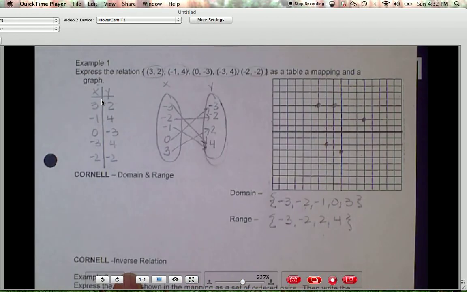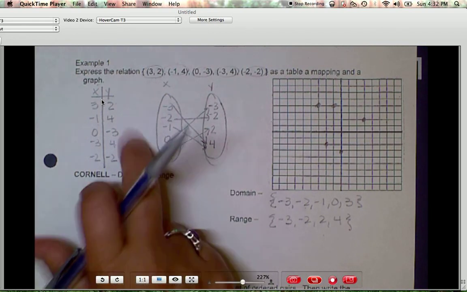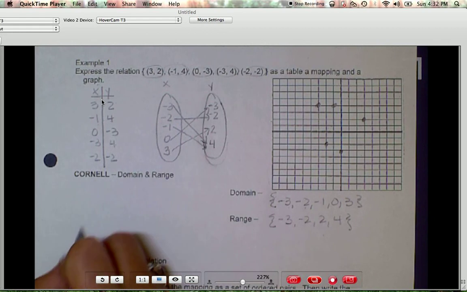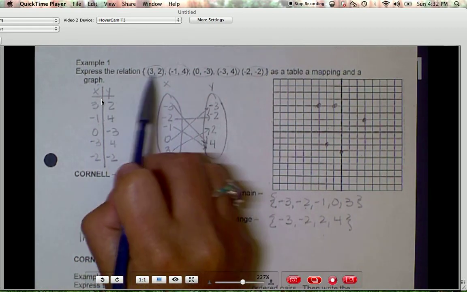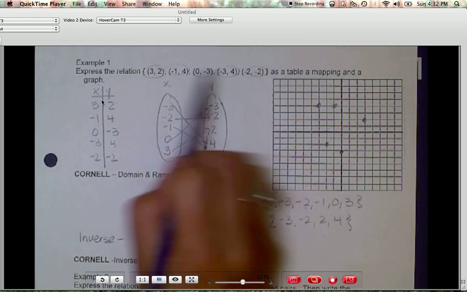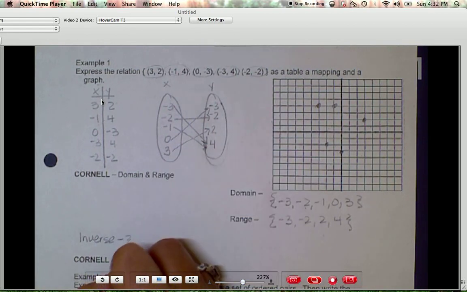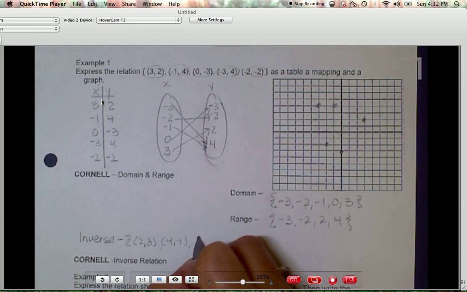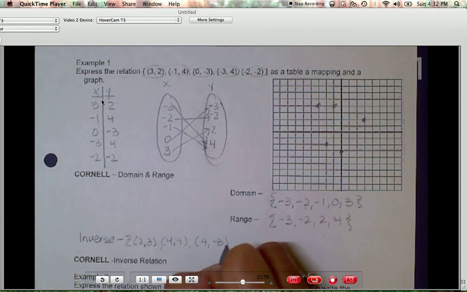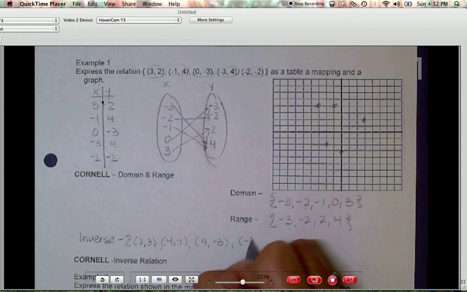So if we want to give the inverse of this relation, let's go ahead and write the inverse of this relation. You can just look at this list here and just flip-flop them. So the inverse would be 2, 3, 4, -1, 4, -3, -2, -2.